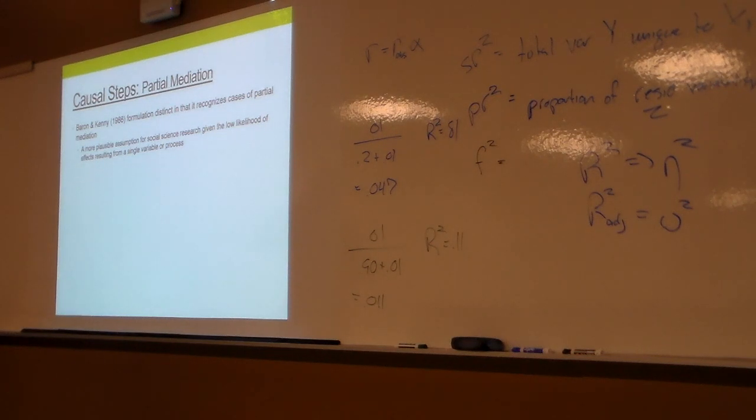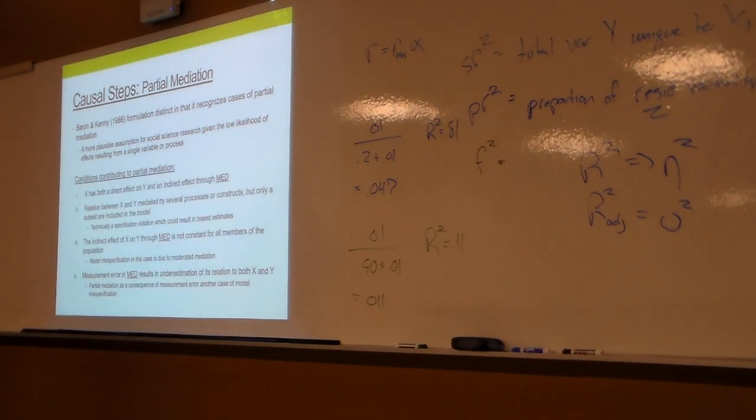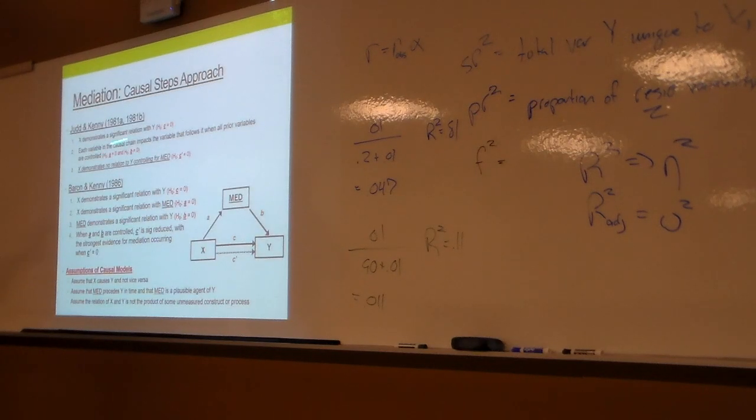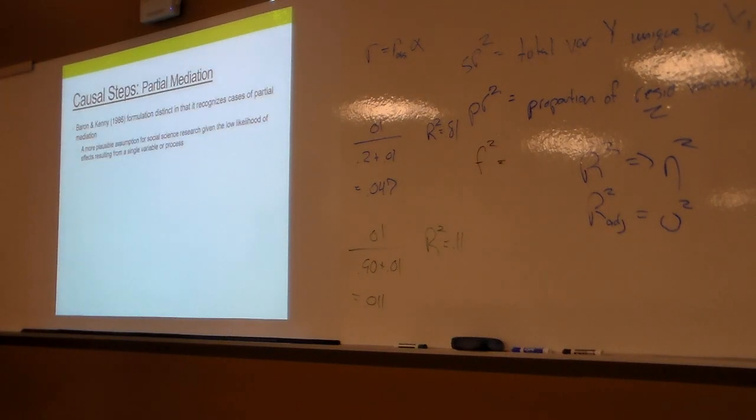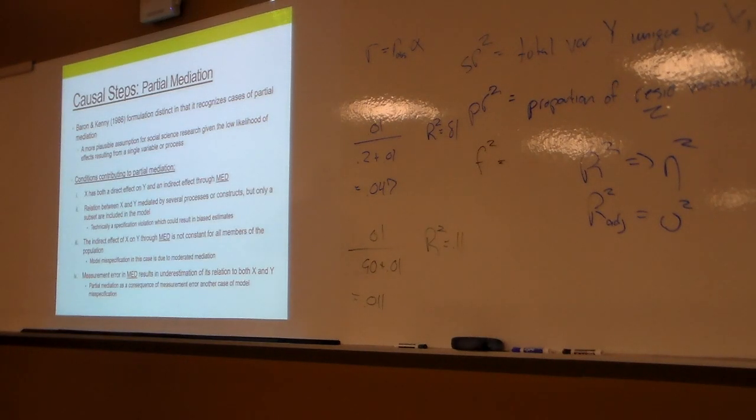So as we move from the hard and fast requirement that the base association disappear completely to Baron and Kenny's formulation, where we just need to see a significant reduction, it becomes a better representation of the things we study.